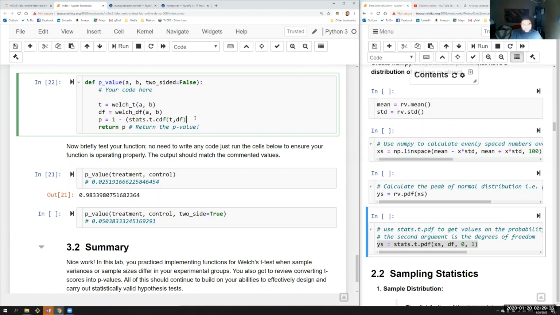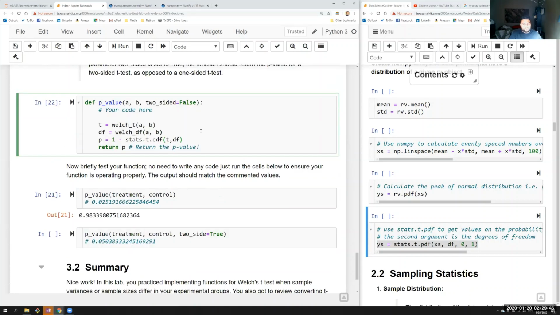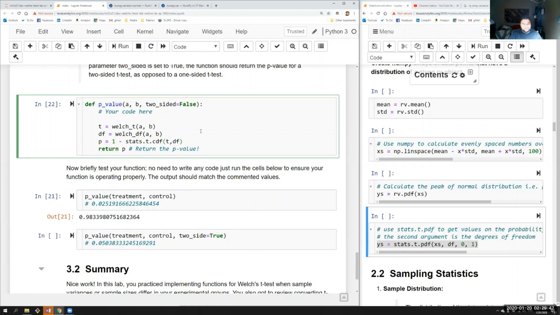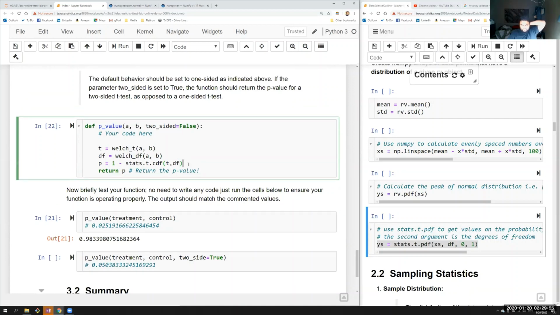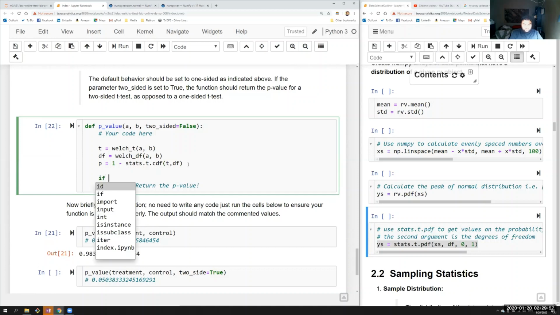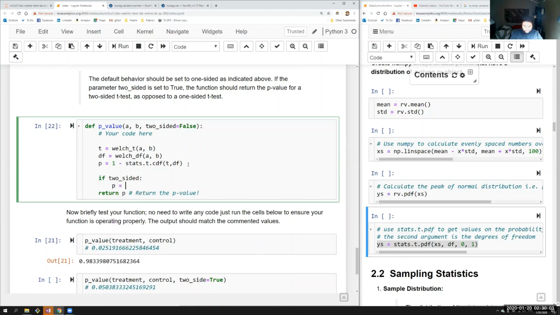Well, let's, okay, hang on. DF, that's fine. Because did I forget to pass in? No, no. If two-sided p is equal to p multiplied by 2, right?